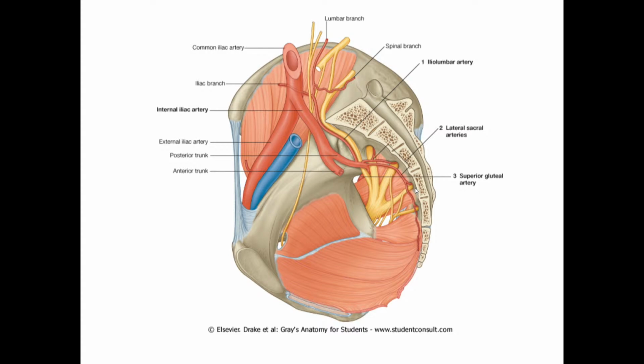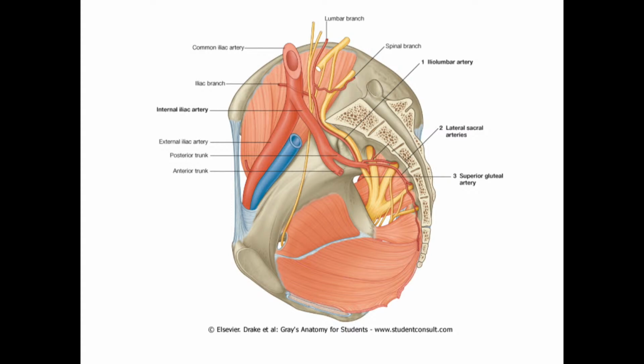The final one that we have is the third branch that we can't see really well in this photo, this small one. It is the superior gluteal artery, the largest branch of the internal iliac artery, and the terminal continuation of the posterior trunk. So after that, there is no continuation of the posterior trunk.